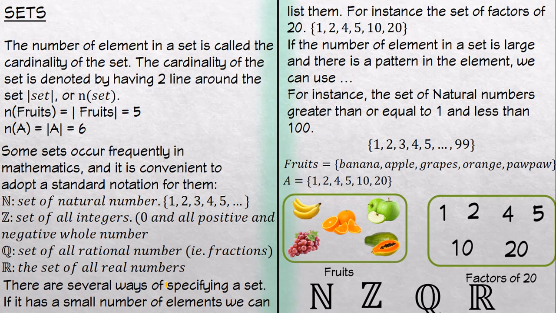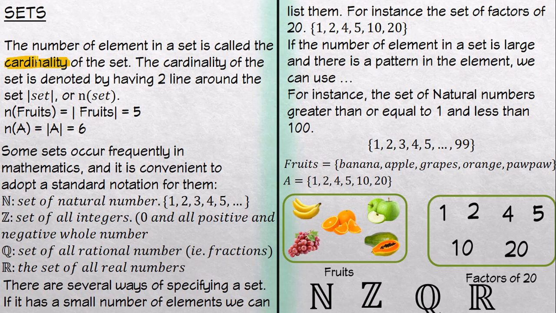So from there, we can also talk of the number of elements in the set. The number of elements in a set is referred to as the cardinality of the set. Right, so the cardinality of the set.